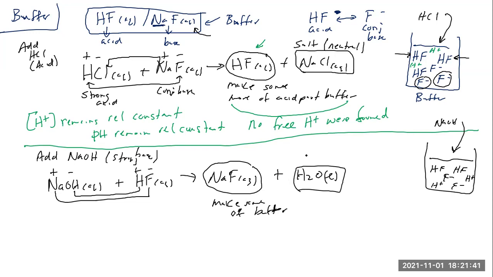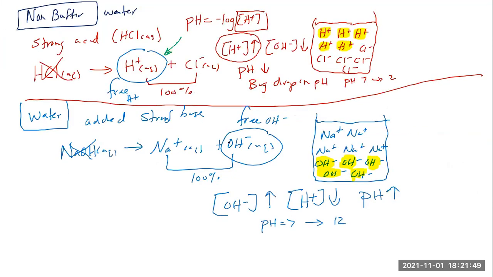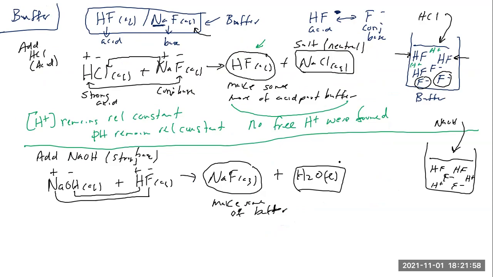And much like what we were talking about above, it's actually what we do not see here, which is why the buffer doesn't really change pH all that much. When we added the sodium hydroxide to water, we produced, as you can see here, a lot of OH minuses really quickly. But here, when we add it to the buffer, no free OH minuses are produced.